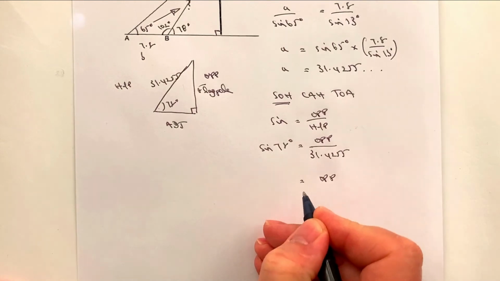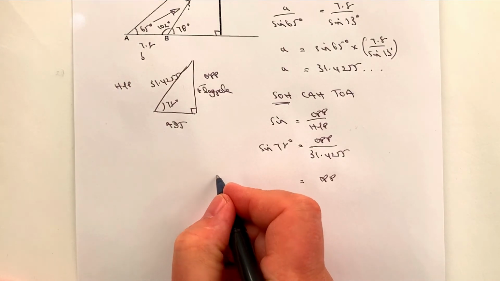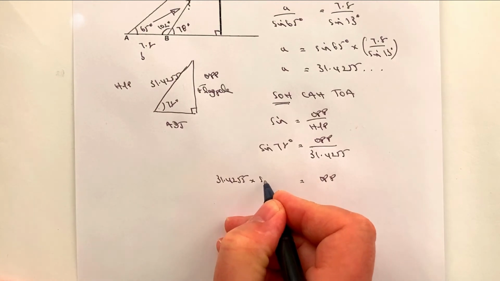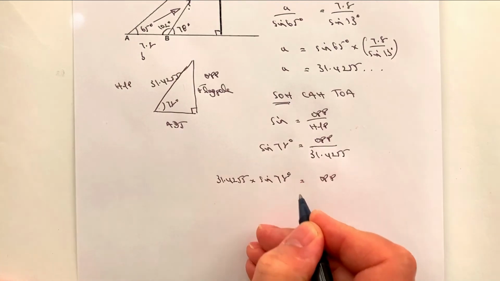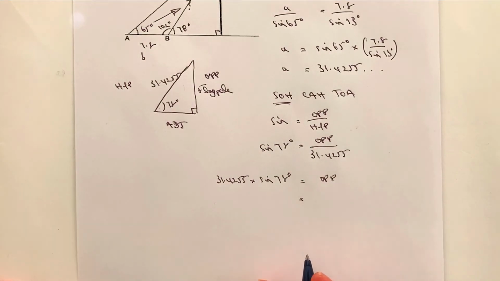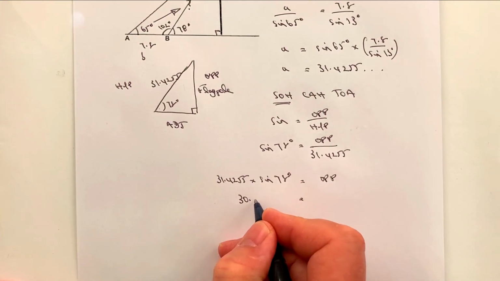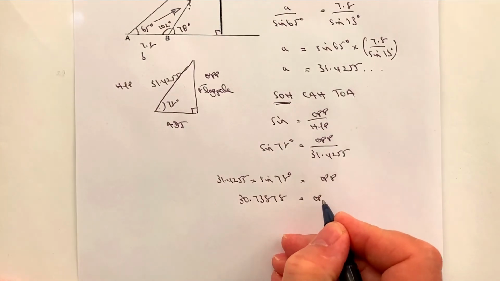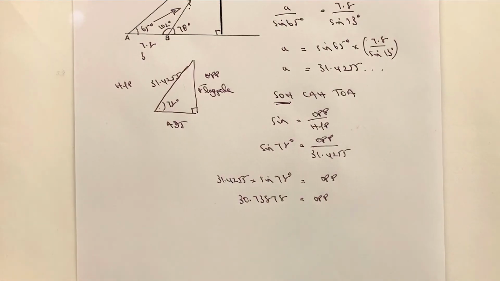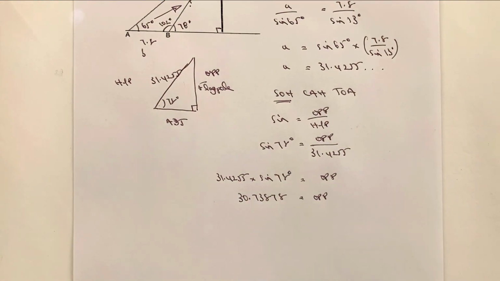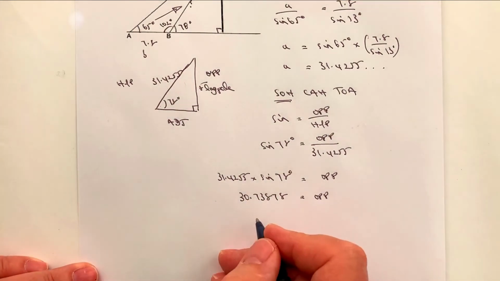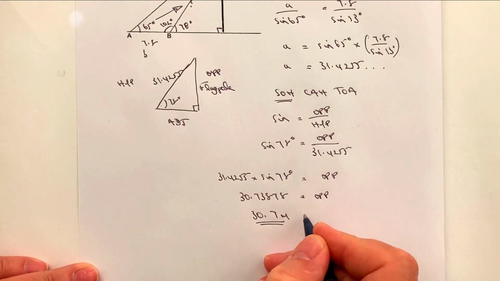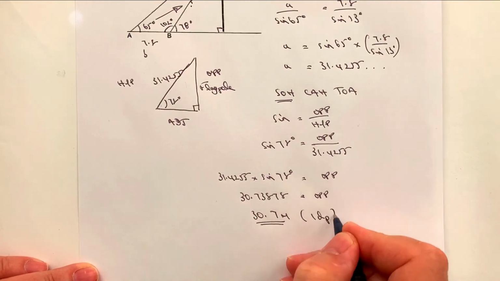Opposite equals 31.4255 multiplied by the sine of 78 degrees. Putting that into a calculator, I get 30.73878, and that is the opposite, which is the length of the flagpole. So the answer to this question on the height of the flagpole is 30.7 meters, to 1 decimal place.